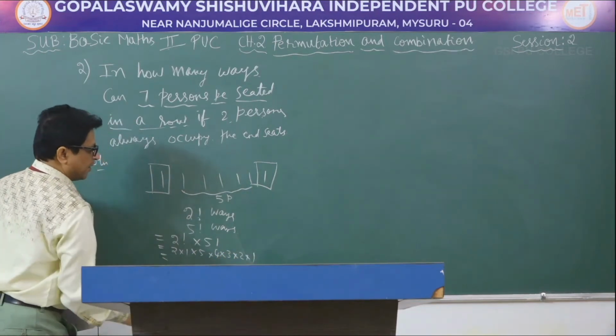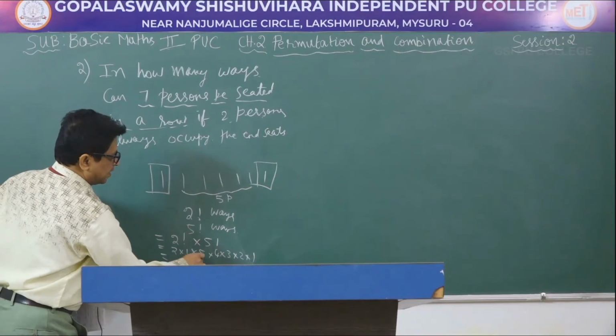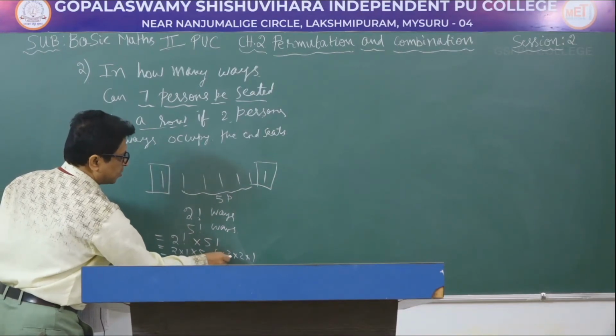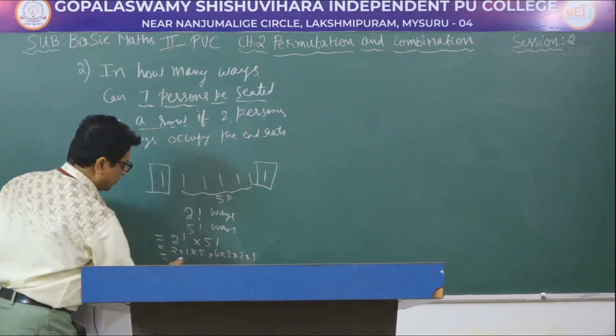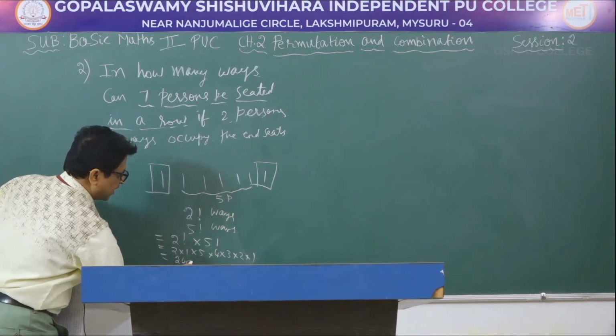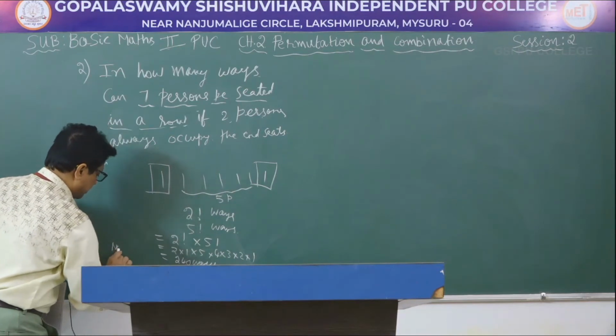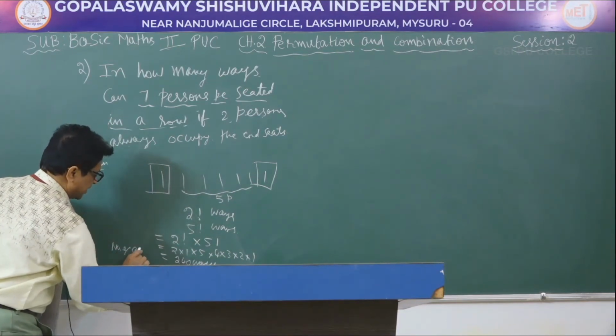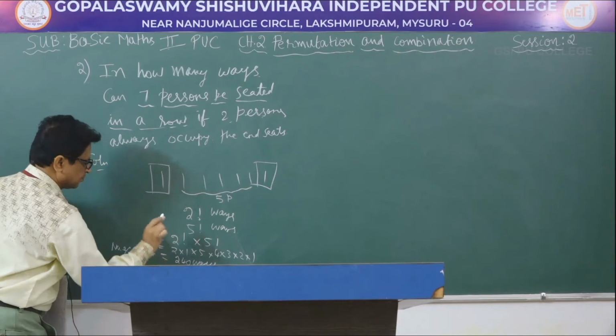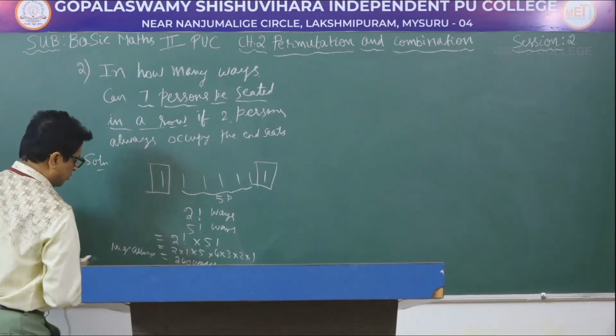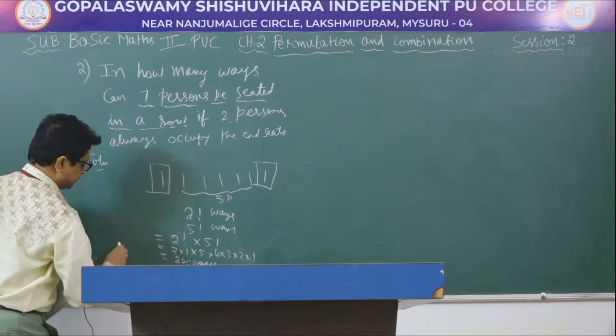So that will be equal to 2 5s are 10, 10 4s are 40, 40 into 3 is 120, 120 into 2 is 240 ways. Therefore, number of arrangements will be equal to 240 ways.